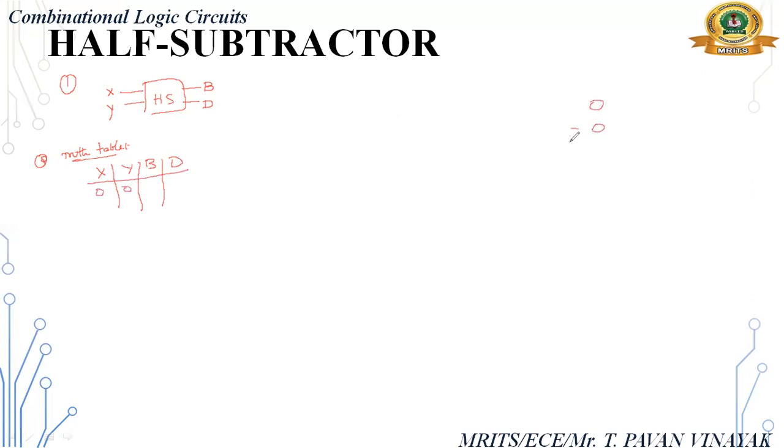0 minus 0, how much? 0. So the difference is 0. Borrow also is not available, 0. Next, 1 minus 0.